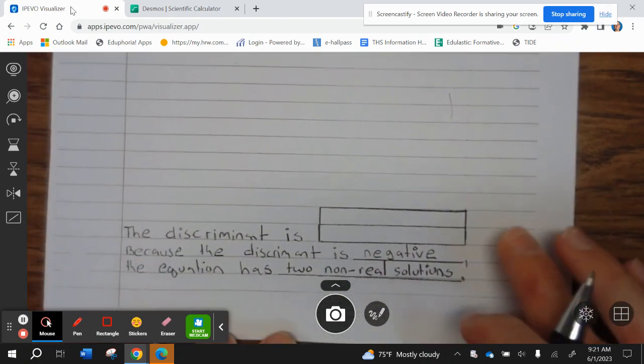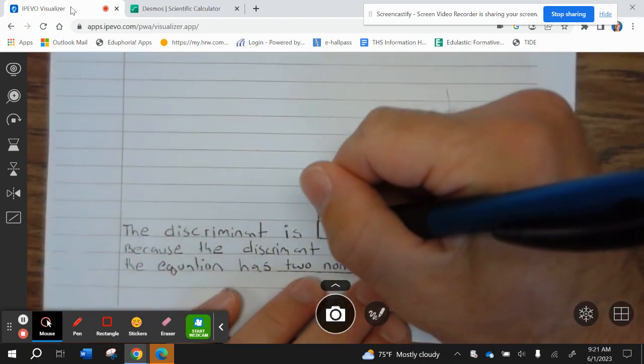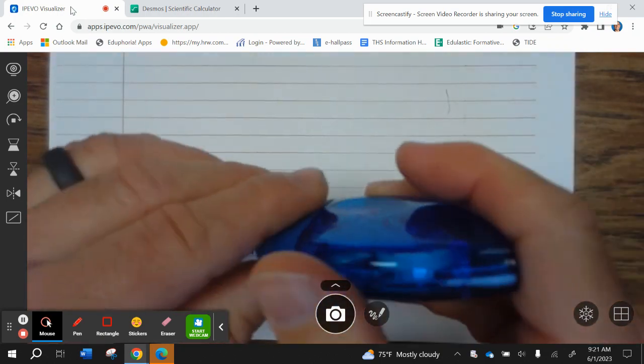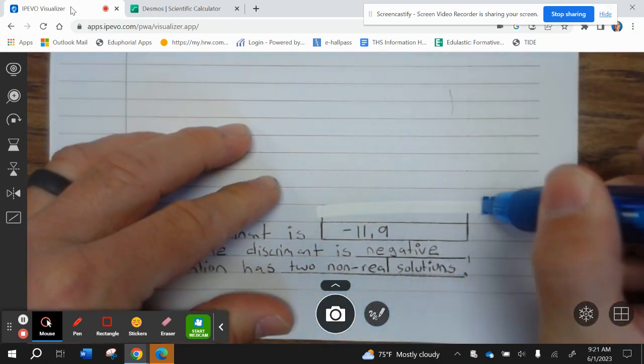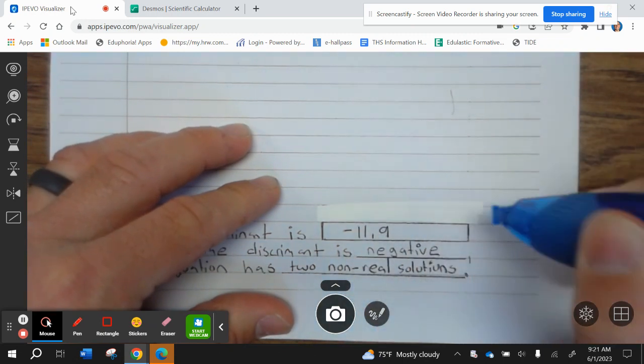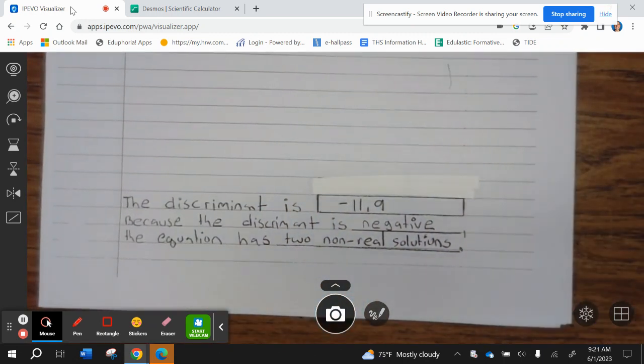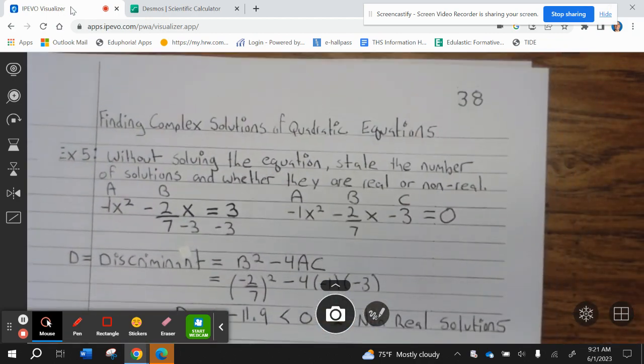Okay, so the discriminant is negative 11.9. Because the discriminant is negative, the equation has two non-real solutions. Let's take a look at the next example.